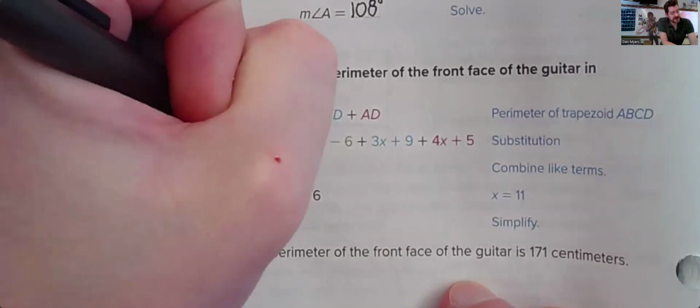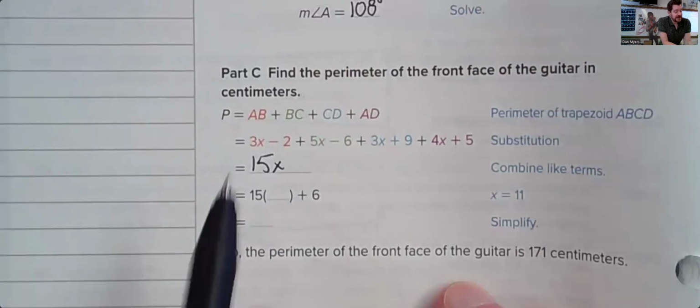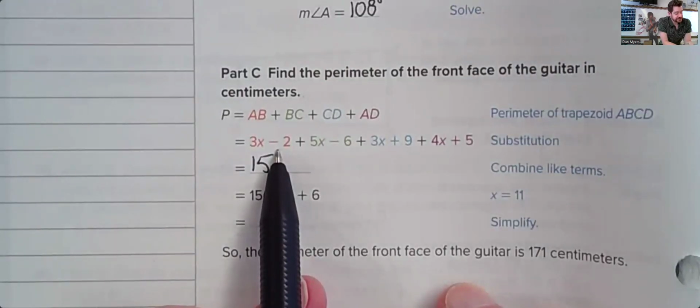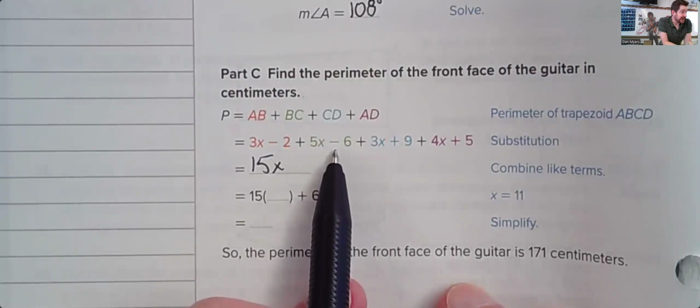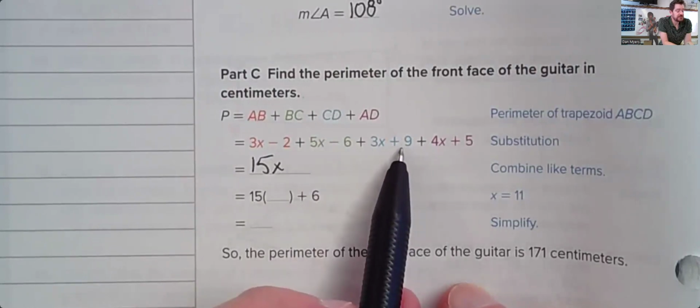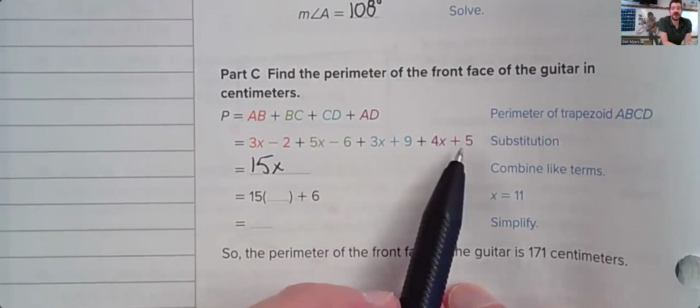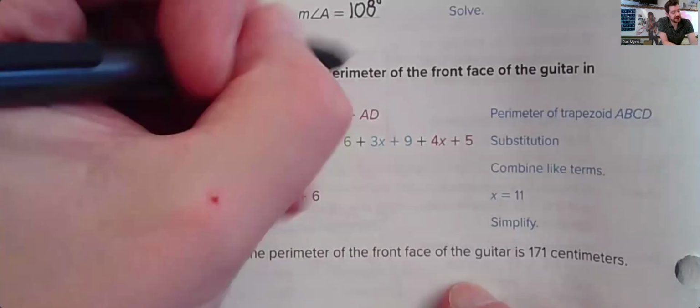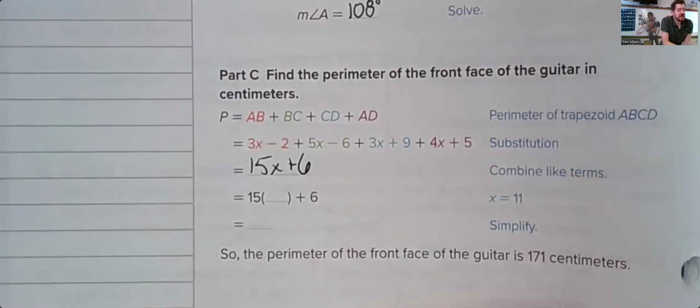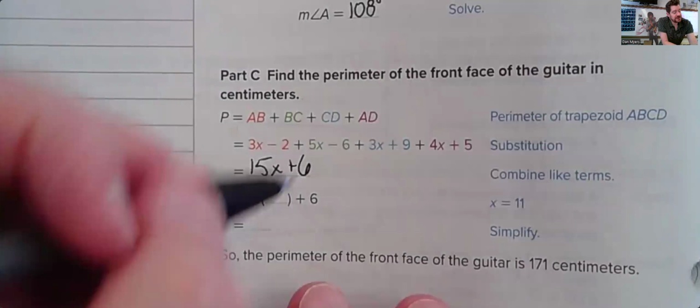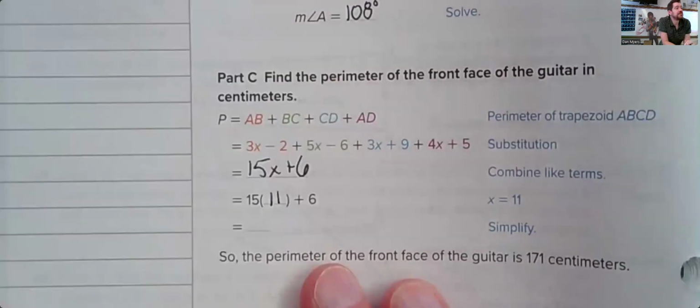All right, so 15x. Then -2 minus 6 is -8. -8 plus 9 is what? 1, and 1 plus 5 is 6. So 15x plus 6. Substitute in the value of x, which is 11.